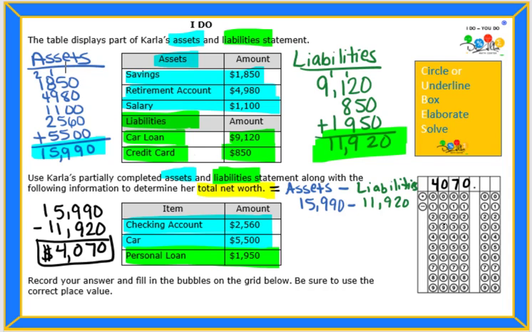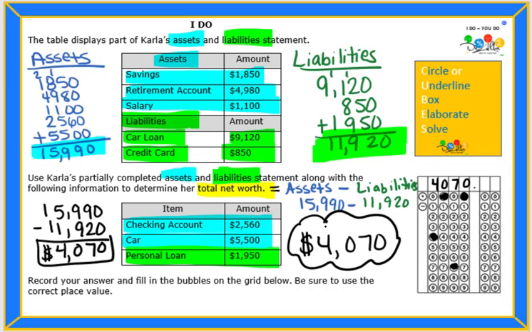And then make sure you bubble in nice and neatly. 4,070. So Carla's net worth is $4,070. Okay, so that is the answer for this one.